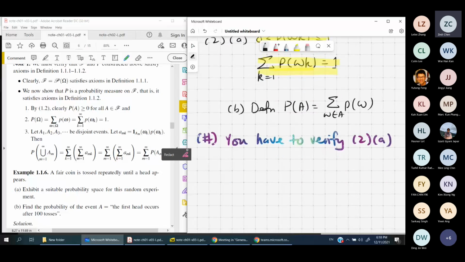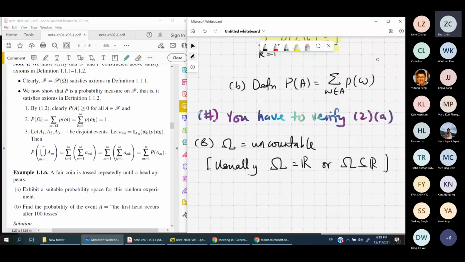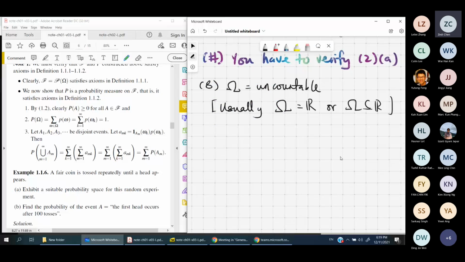Next we come to the next case. For B, what happens if omega is uncountable? For this uncountable case, we usually take omega to be R, or omega is a sub-interval of R. In this case, we have the best option.